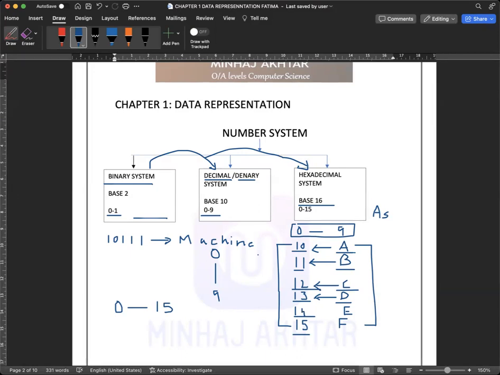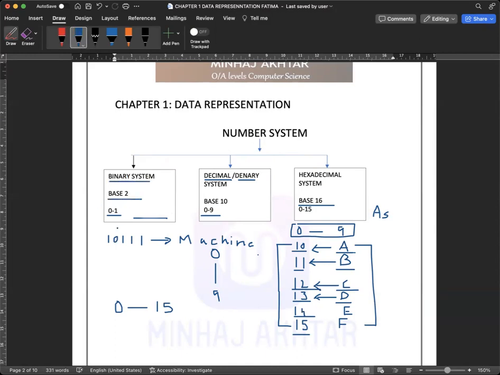Okay. Now, starting from the first number system, what do you see on the screen? The first number system is binary. What is the first number system? Tell me. Binary. Okay, binary is also called base 2. Why is it called base 2? Tell me.